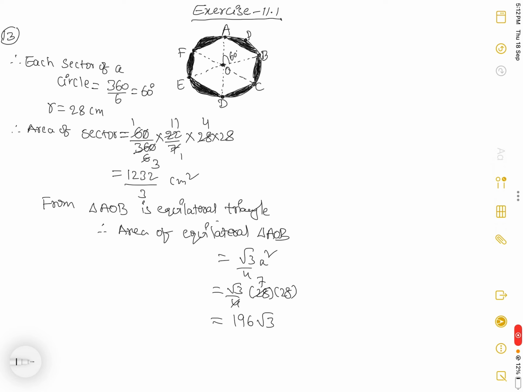The root 3 value is approximately 1.7. So we get 196 into 1.7, we get 333.2 centimeters square.